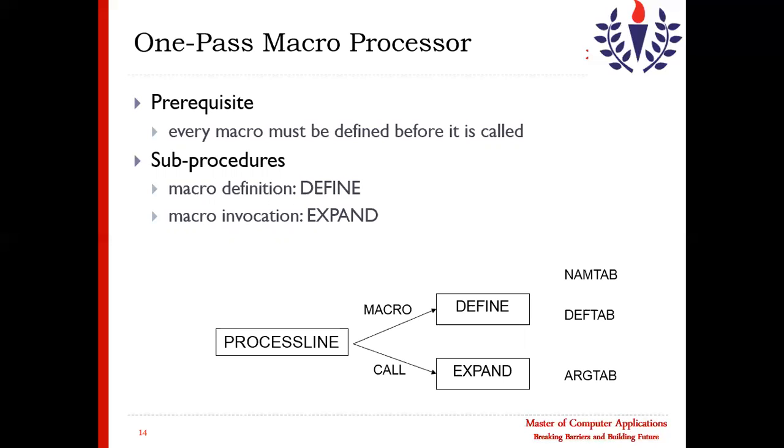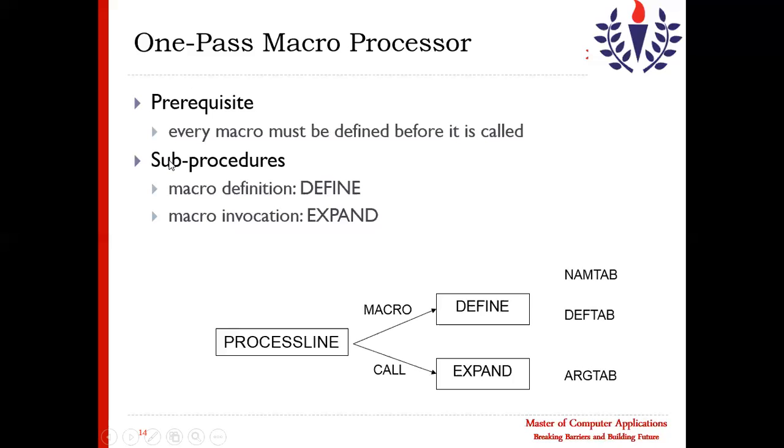When we are in one pass, our main requirement should be that everything we are using should be defined before we use it. Same for macros also. Before calling it, it should be defined so that the macro processor will get to know, okay, this is the code I have to replace instead of the macro call. So that is one of the first requirements when we are working with a macro processor.